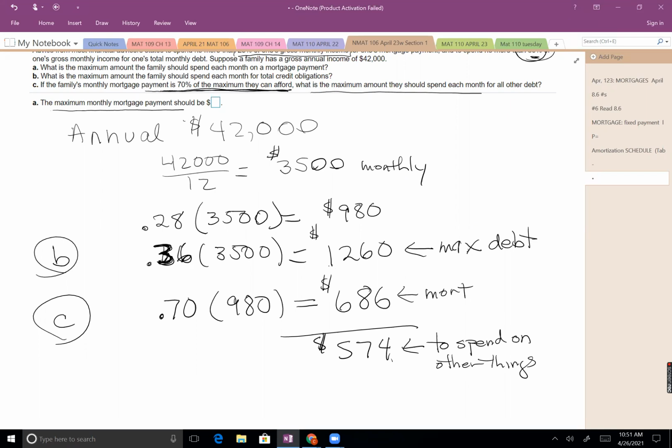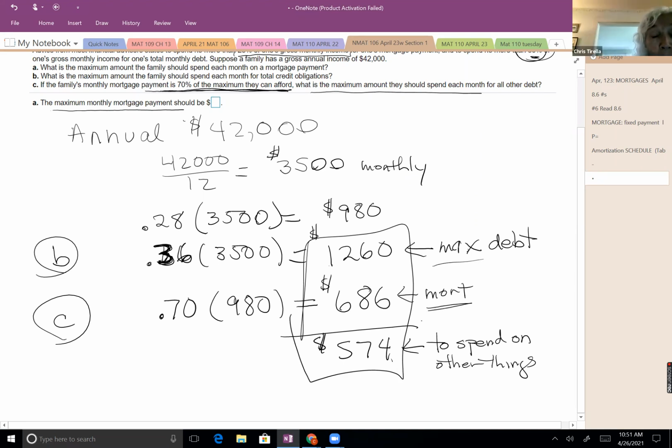What are we subtracting? We're just subtracting down here: maximum debt minus what they're paying for the mortgage.